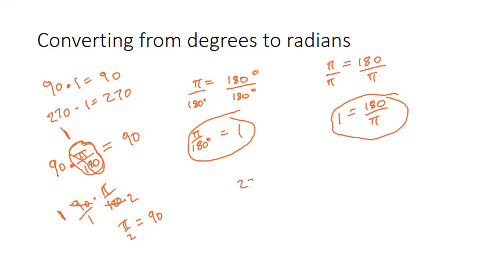So basically we're going to multiply by this one whenever we want to change from degrees to radians. Logically then, we would use the other conversion factor whenever we're going from radians to degrees.